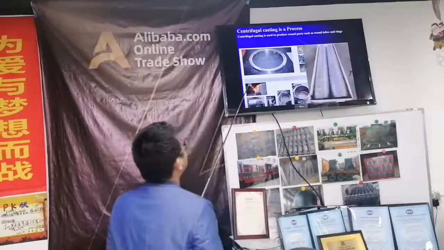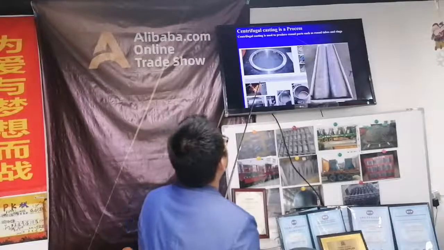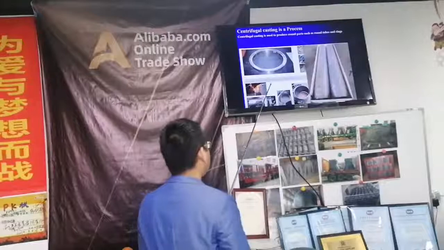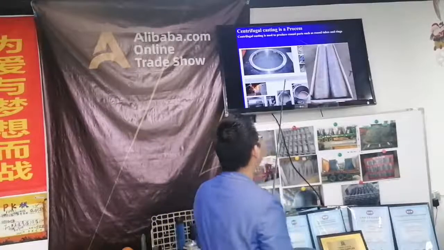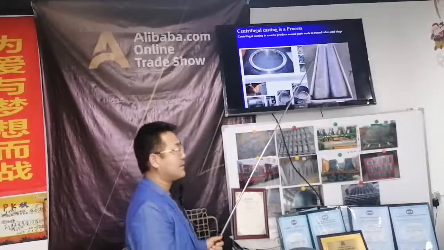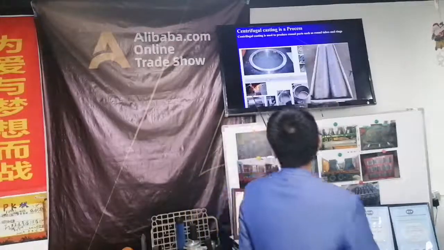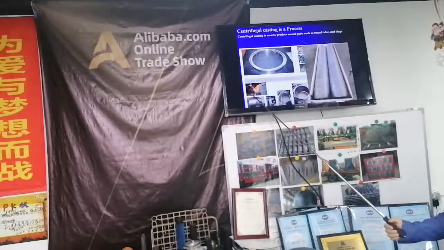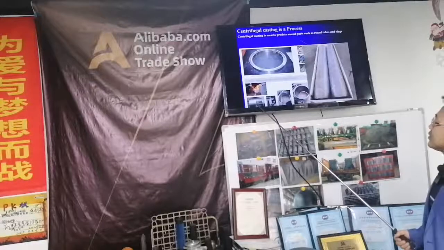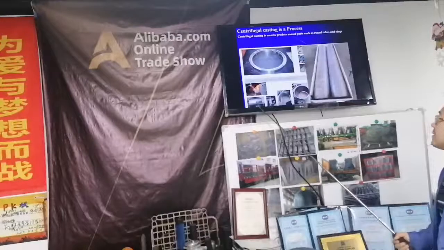This material is duplex stainless steel. The material is like SAF 2205 and 2207. This photo is where we do castings, and we also check our surface finish.